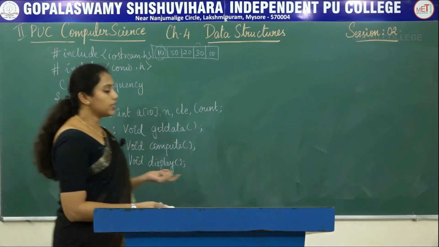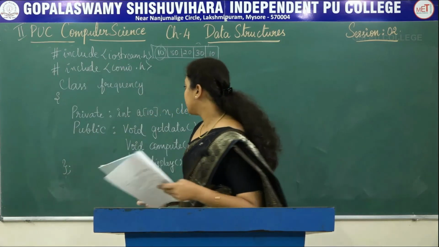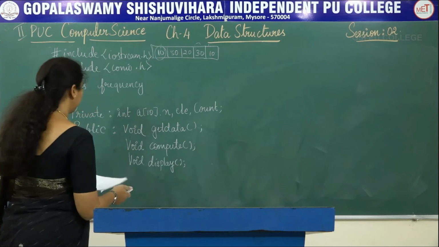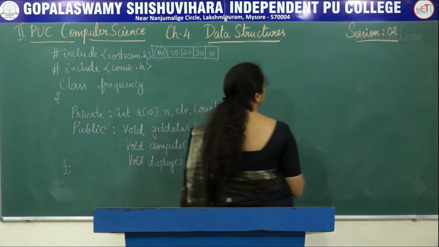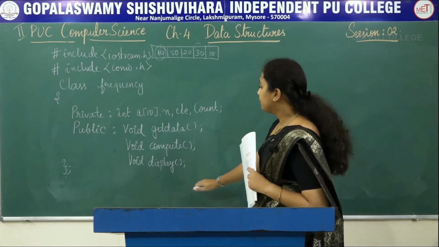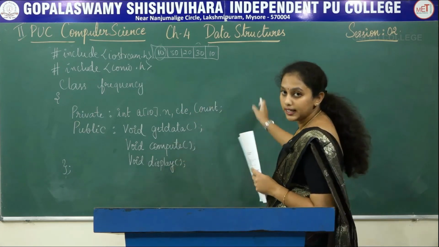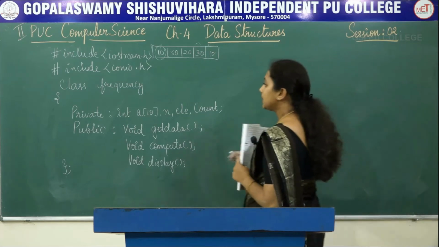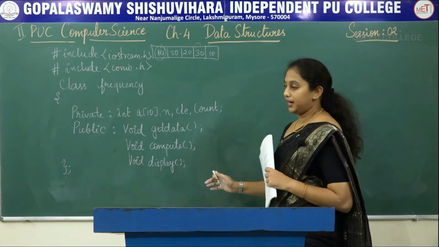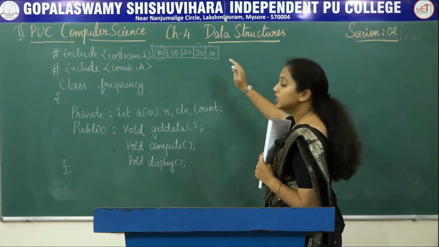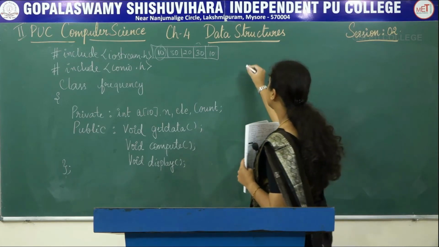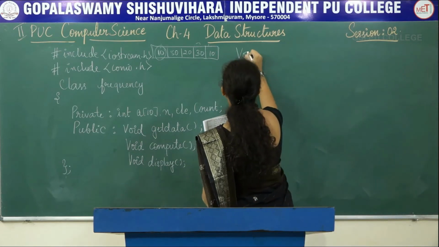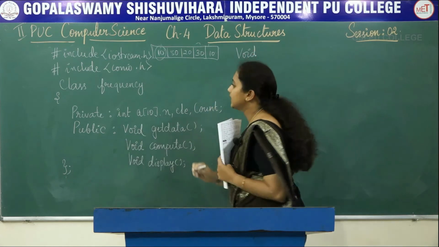Now, next I am going to define the member function outside the class. So how to define the member function outside the class? Using the scope resolution operator. First I have to write the return type specifier, which would be void. What is the name of the class?